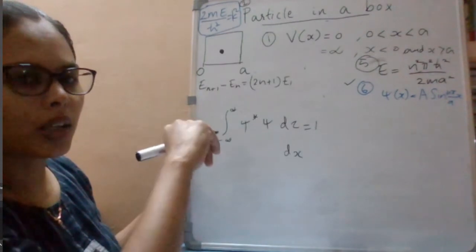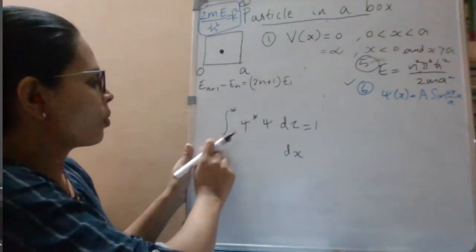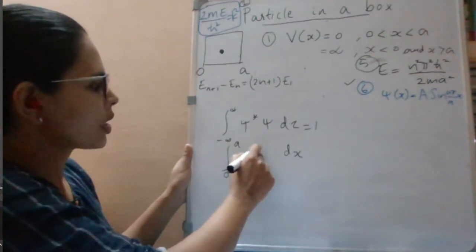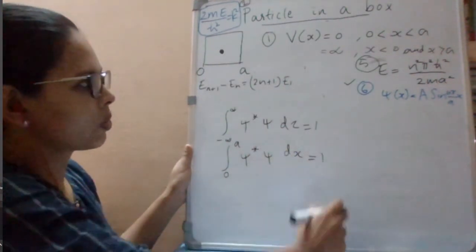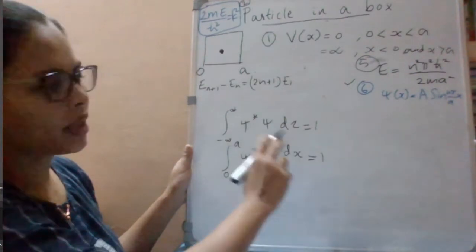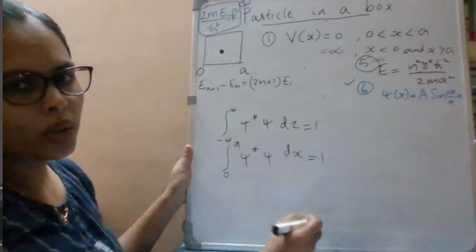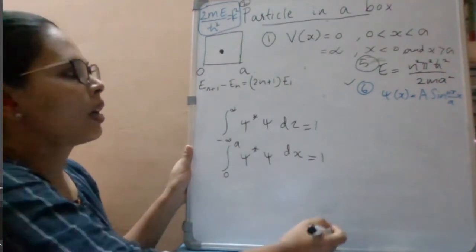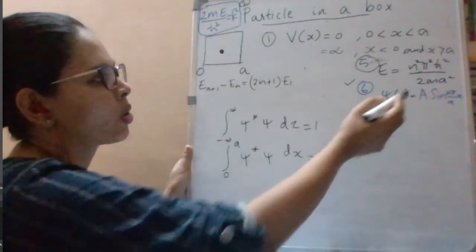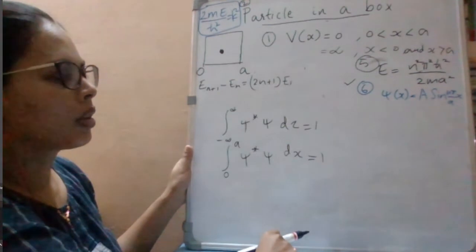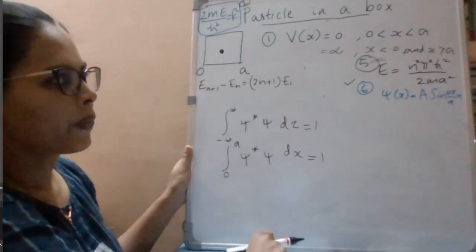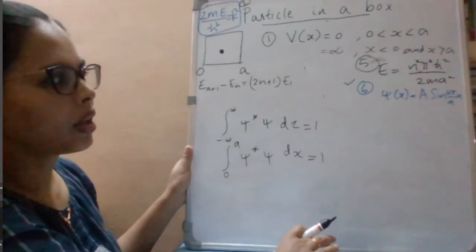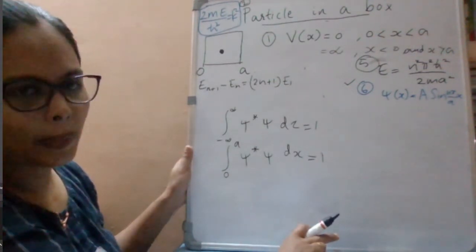Our particle is confined in a box, so we have to change our integral from 0 to a. Psi star psi dx is equal to 1. If you do this procedure, we can find a constant so that the inner product of this wave function, or the length of this vector, can be reduced to 1.